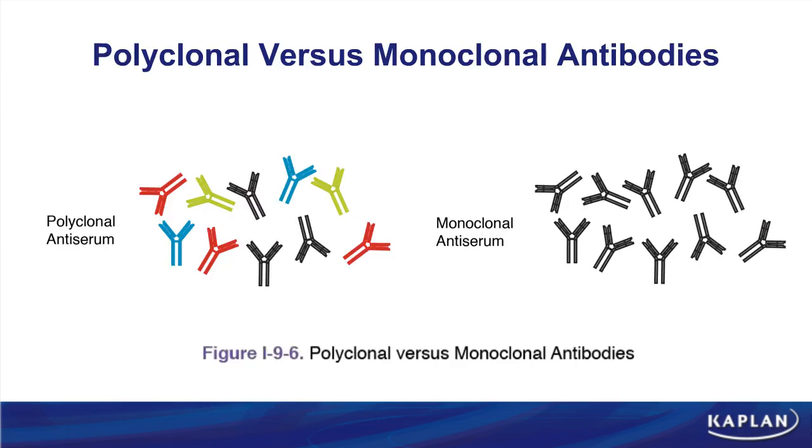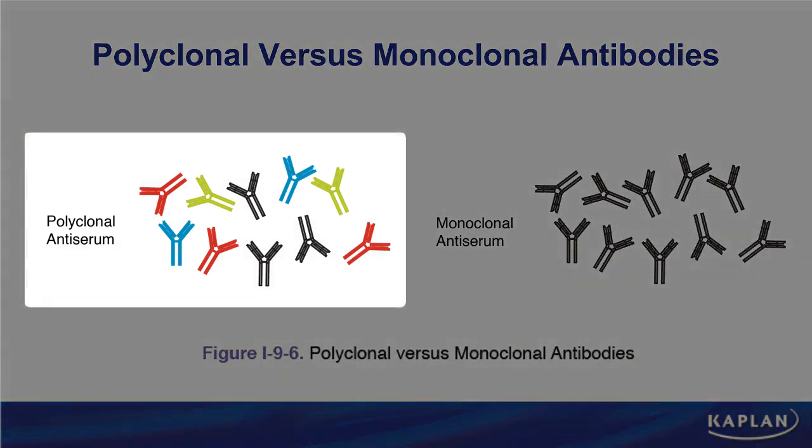This is one of the questions we commonly get when we're teaching this course. Students want to know how you differentiate what a polyclonal antiserum is versus a monoclonal antibody per se. Polyclonal antiserum, as you can see here, is dictated by all the different colored antibodies. Polyclonal, so think multiclonal, they're essentially specific to all different types of antigens.